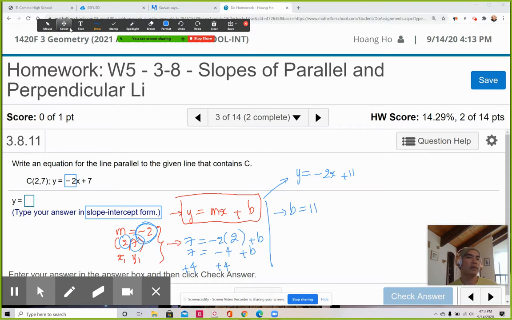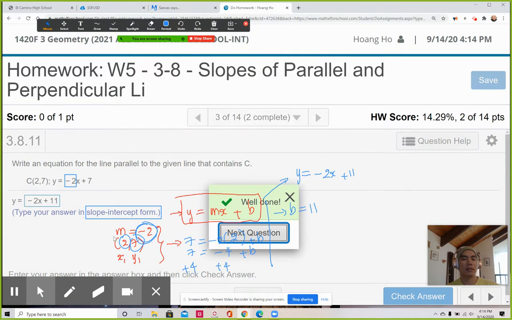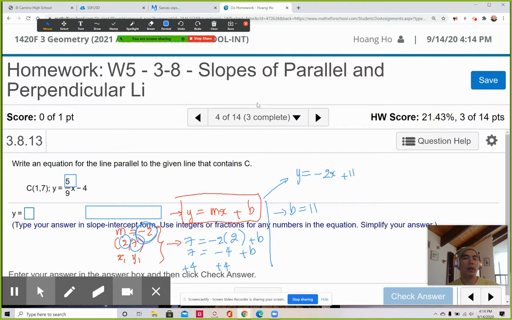Okay, put it in. Negative 2x plus 11. Yes, done. All right, we move on to question 4.